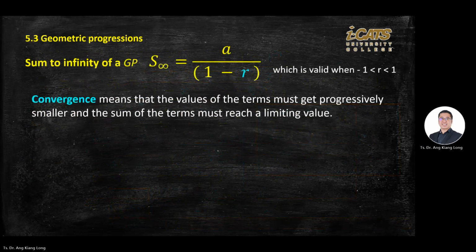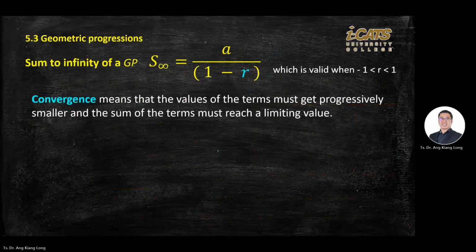In simulation, if you run a simulation to predict something, a word you will hear is convergence. Convergence means that if you look at the graph, it becomes stable, it becomes a straight line, right?